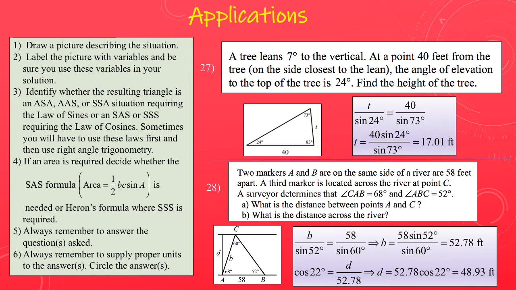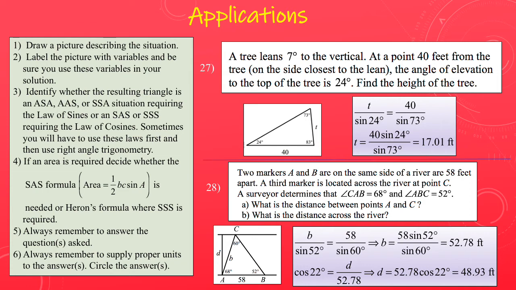To solve for d, we're going to use right angle trig, and we can set up a statement that says that the cosine of 22 degrees is the adjacent d over the 52.78 that we just found. Again, it's a good idea to store that value so you don't lose any accuracy.